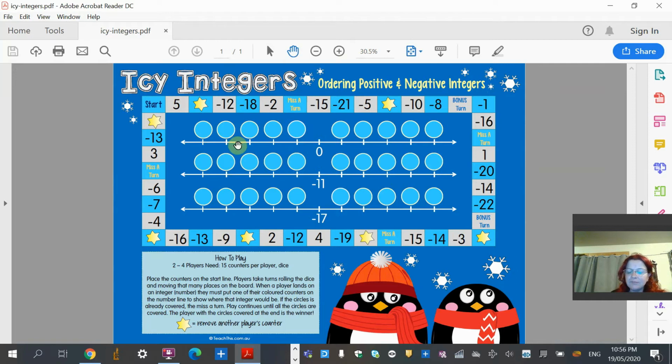Is it on this line? Nope. This one could be that line, but this one's even better because it starts at -17, so you'd put your -18 there, and the person that fills that in with their colour with the most counters wins. And if you land on a star, it just means you can remove the other player's counter and put yours there. So I'll send those both through.